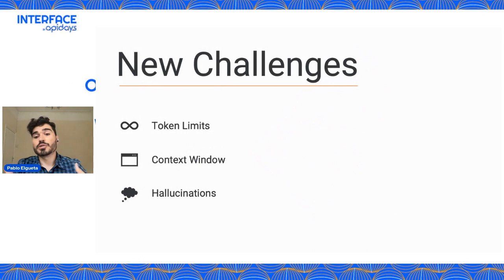This introduces problems, for example, when you're sending parallel calls to the API, especially if you scale and have thousands or millions of users using your application at the same time. There's a way of mitigating it, but it's still something that needs to be considered when building applications with LLMs.